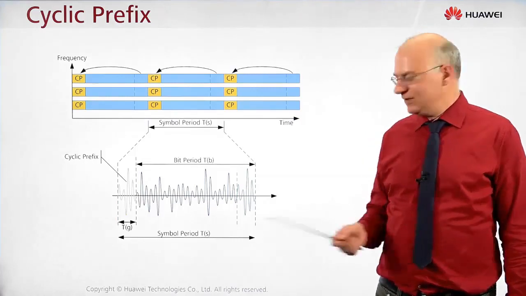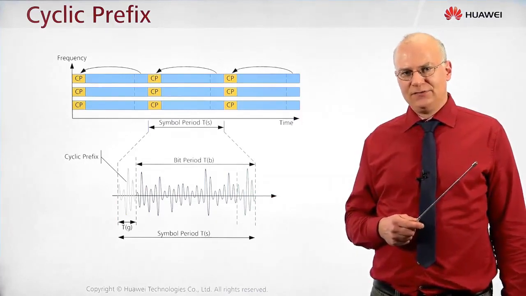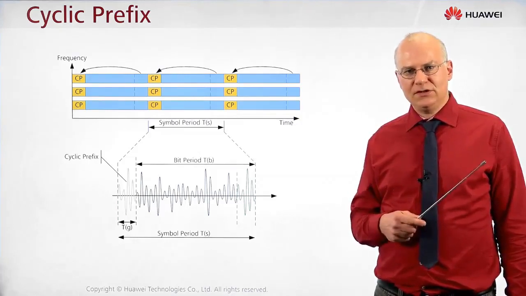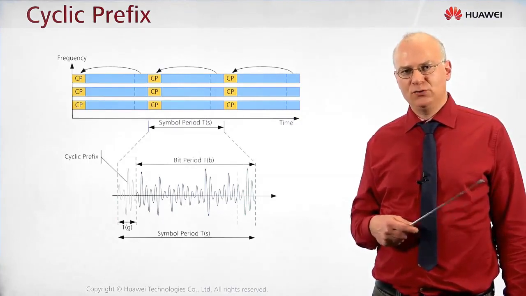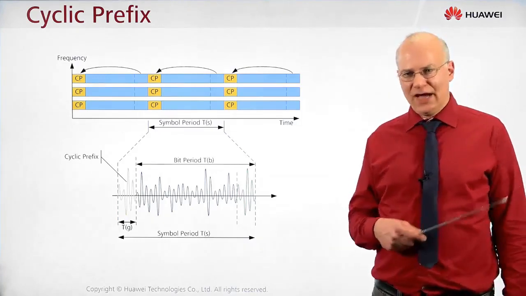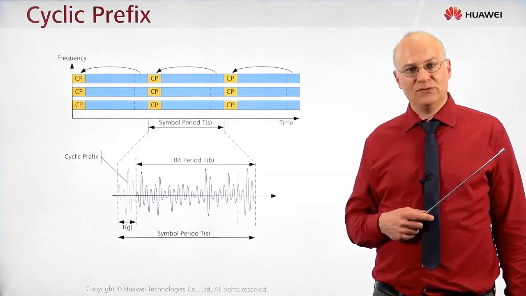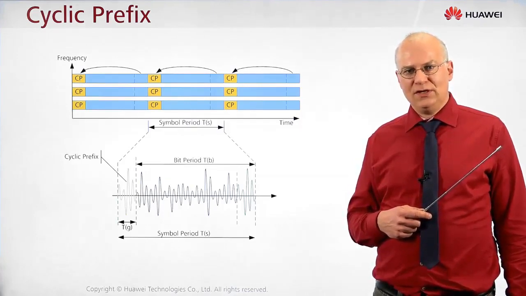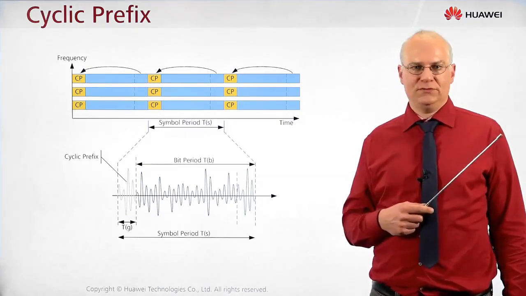And if the delay lies within the length of the cyclic prefix, the delayed signal adds useful received power to the received signal. Only if the delay is higher than the length of the cyclic prefix, we have an inter-symbol interference. So in most cases, we can use the delayed signal as a useful signal.